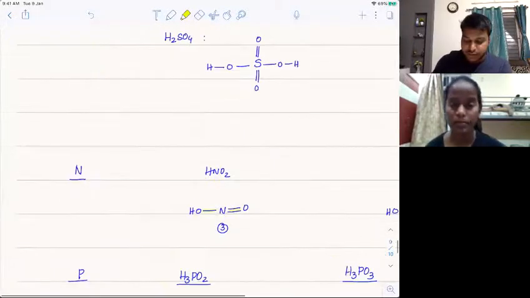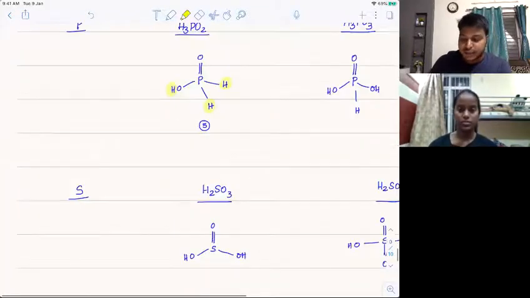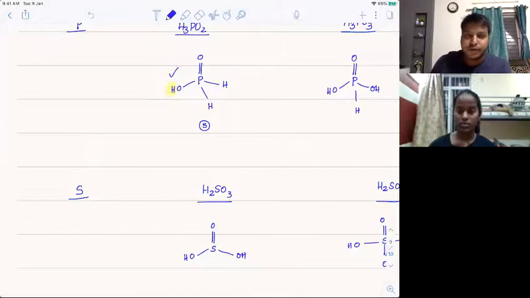That is the whole definition. This is oxyacids, so these two are not acidic hydrogens. Our idea should be only about how many hydrogens are connected via oxygen. So via oxygen there is only one hydrogen which is connected.